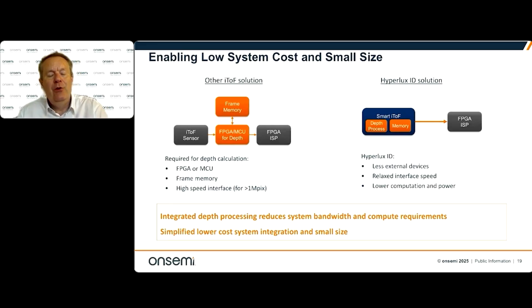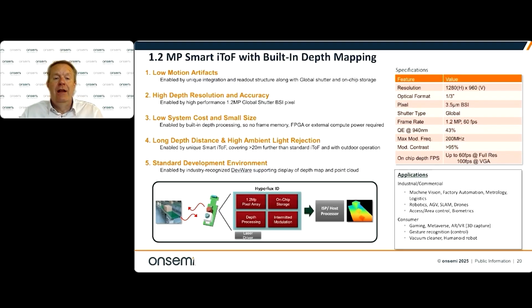So when you look at the price of the sensor, which is reasonable for this global shutter offering, it's also keeping that system cost low and simple, even though the computational requirement on the sensor, as I mentioned right at the start, is actually quite complicated from the outside. It's not.